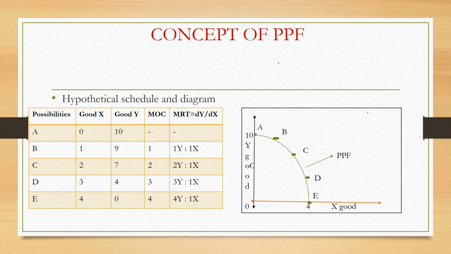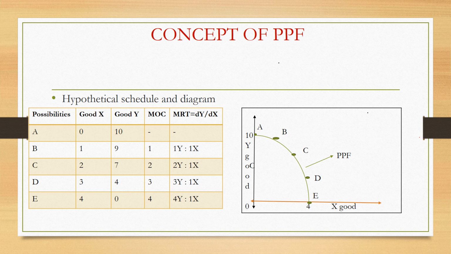That is given in point A. On the other end, if all resources are used for the production of good X, then the economy can produce 4 units of good X but no good Y. In between, there are various possibilities with different combinations of good X and good Y.